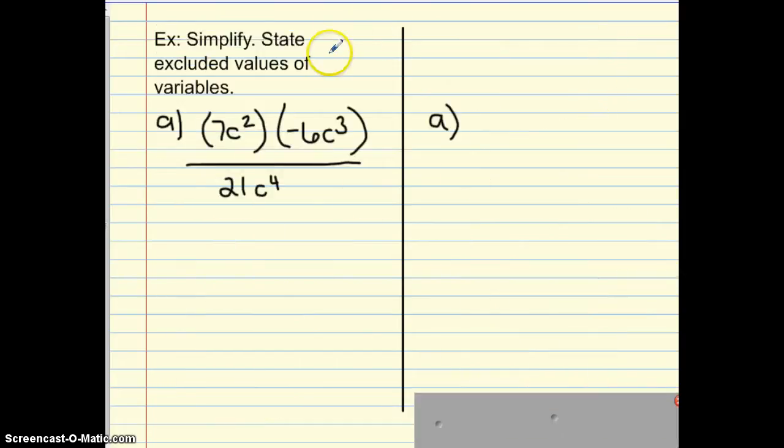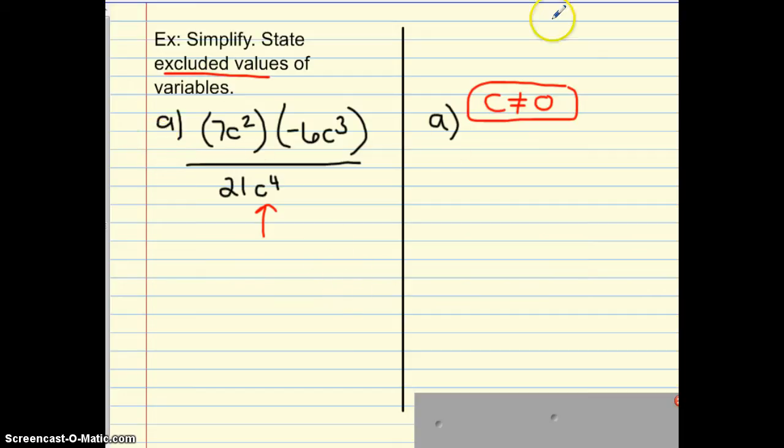Okay. We're going to simplify and state excluded values of variables. Well, the first thing is in the bottom, the only thing that would be a problem is that c could not equal 0, because that would wipe out my denominator, so that's my excluded value.